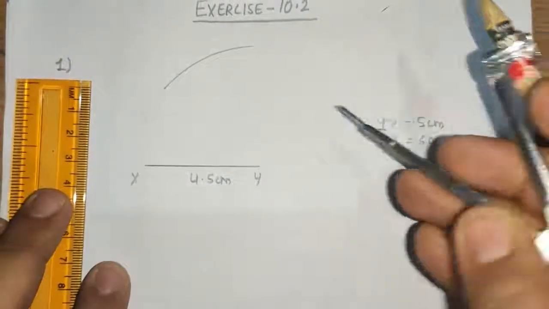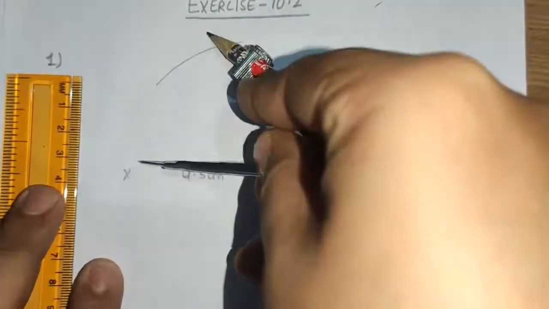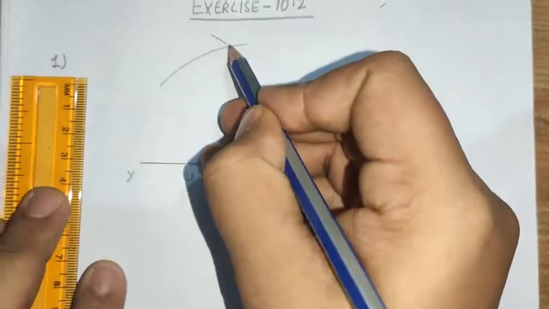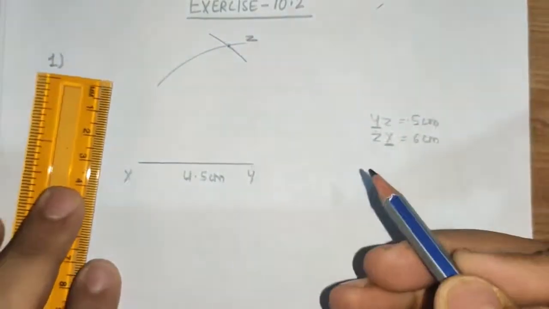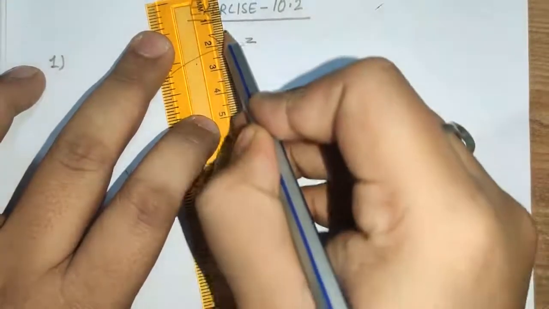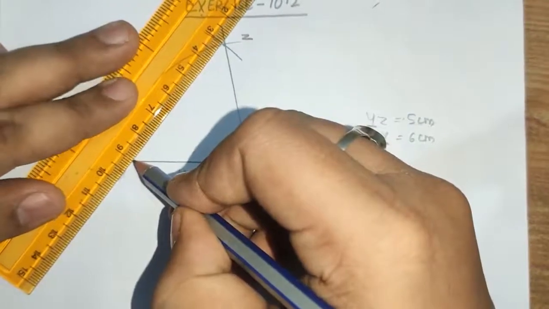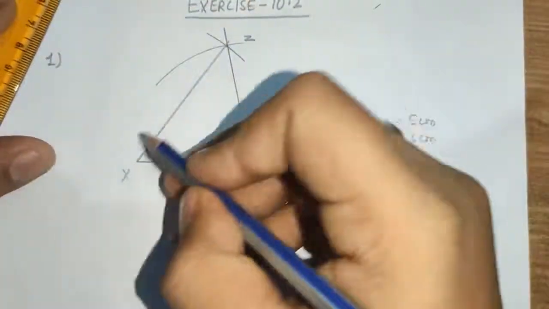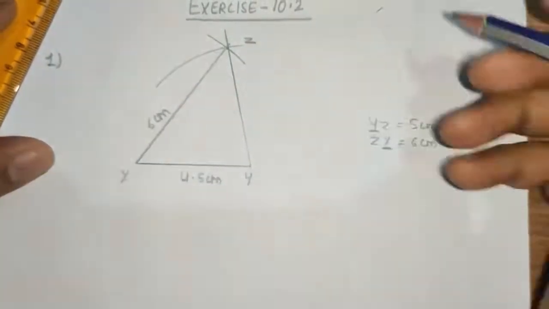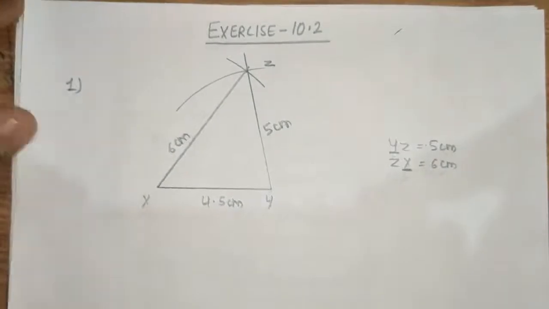So we will draw it from X. Now here you can see this point is point Z. Now we will join this Y to Z and this X to Z. Now you should label it XZ is 6 centimeter and YZ is 5 centimeter. So this is the answer of your question.